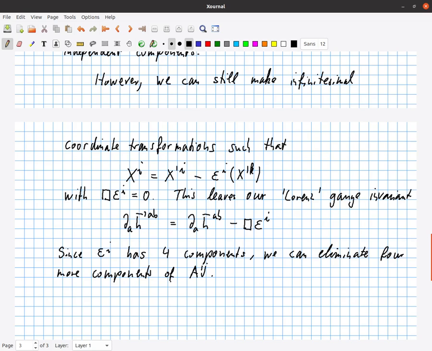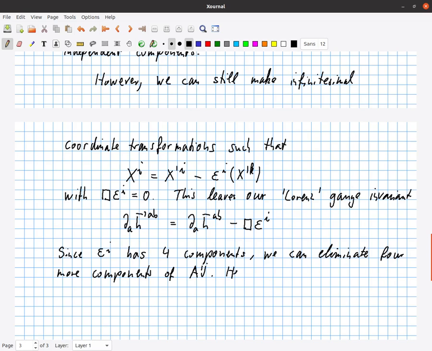If we count this all through, we started with 10 components, we take 4 away by our coordinate transformations that fix the gauge, then we have 4 more coordinate transformations we can make that leave the gauge invariant. So we start with 10 components, we reduce 4 and then we reduce another 4.